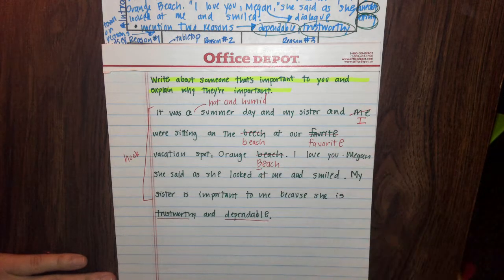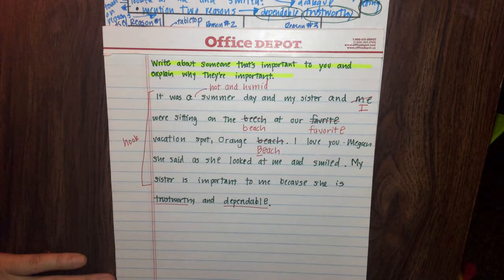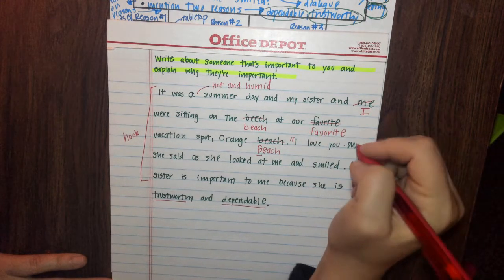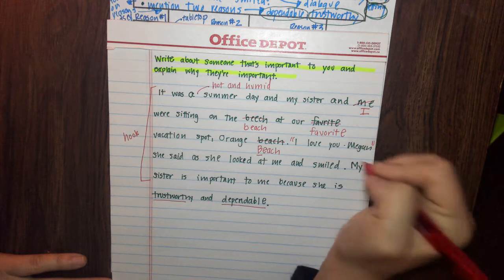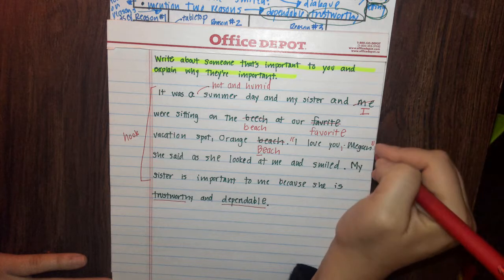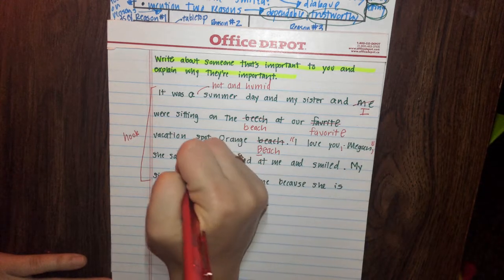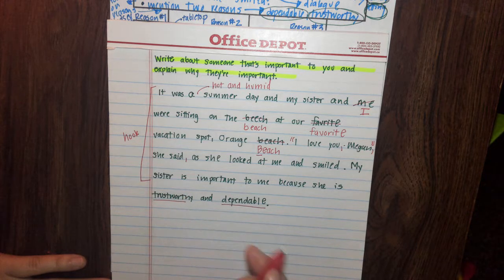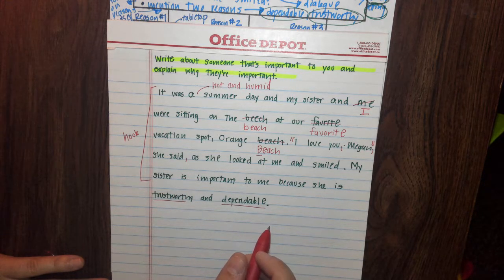This B is. I love you, Megan, she said as she looked at me and smiled. So this is actually her talking. So I'm going to have quotation marks and then I love you. That's an independent clause. I love you, Megan, comma, she said, comma, as she looked at me and smiled. My sister is important to me because she is trustworthy and dependable.